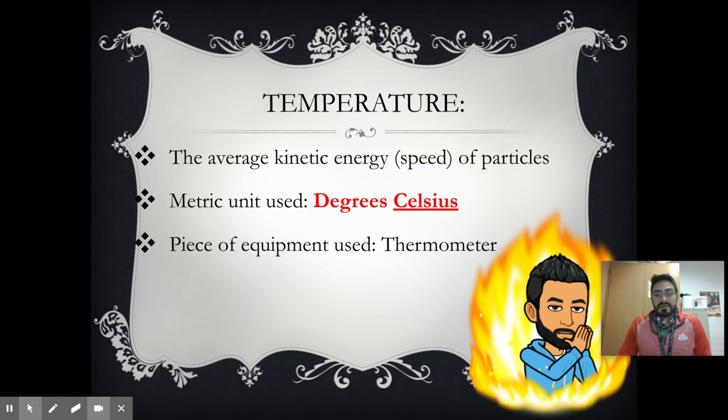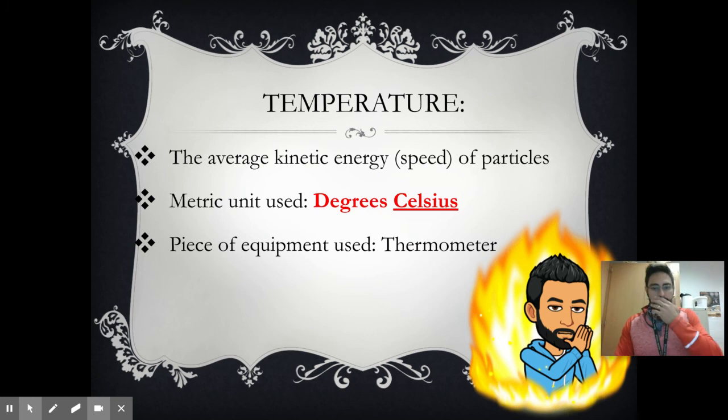On your weather forecast, they'll always use Fahrenheit because the United States uses a lot of customary units. Not so in the metric system. Always Celsius. And there's a reason for that, which we'll get to later. But degrees Celsius is metric system. The piece of equipment we use looks like this. This is a thermometer.